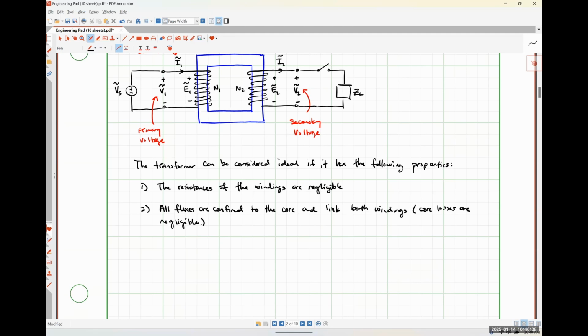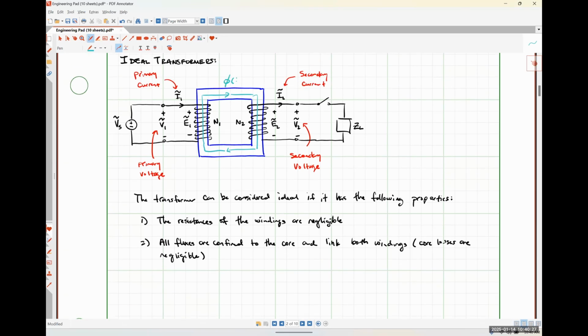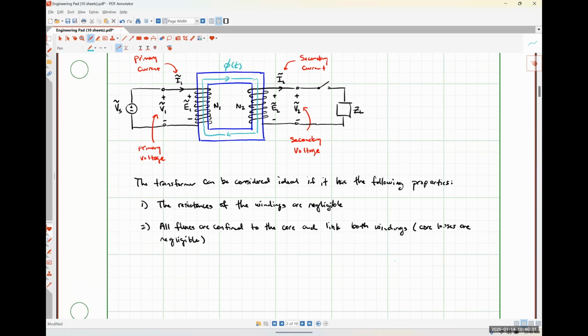So if I draw my flux path for this guy, it would look something like this, where everything is nice and confined interior to the core material. This is our flux as a function of time. Okay. So nothing is leaking.